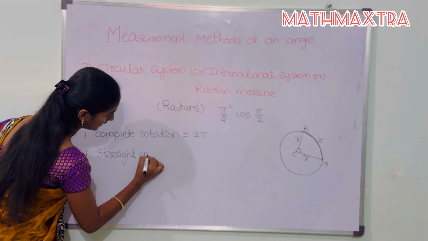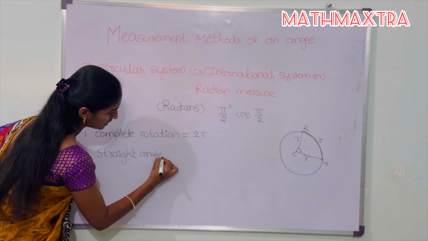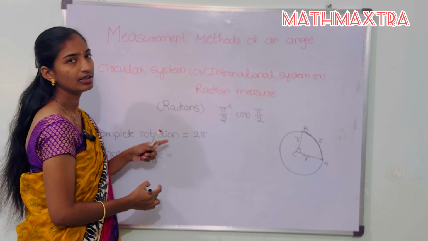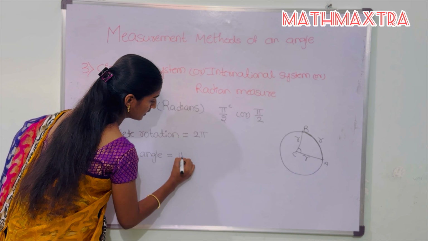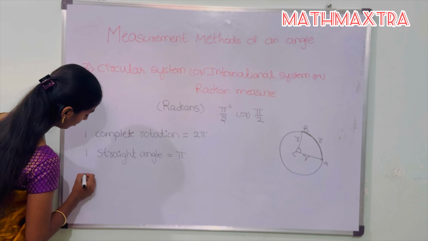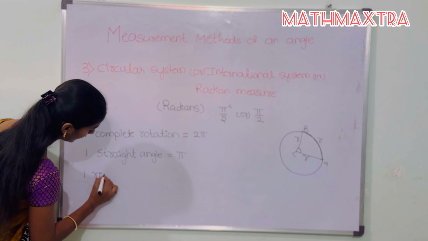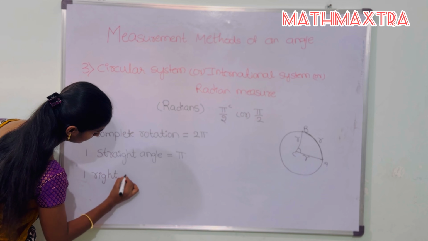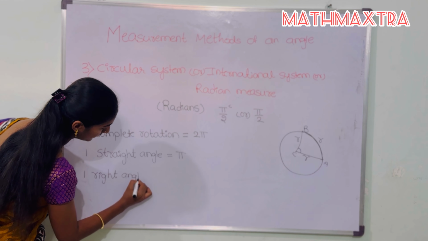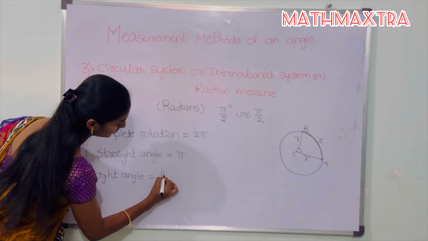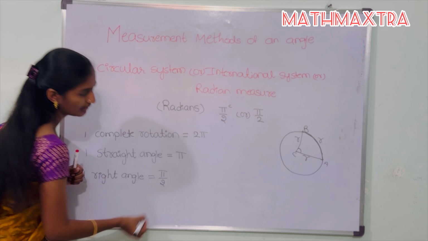One straight angle is equal to half of the complete rotation, that is pi radians, or one right angle which is equal to pi by 2 radians.